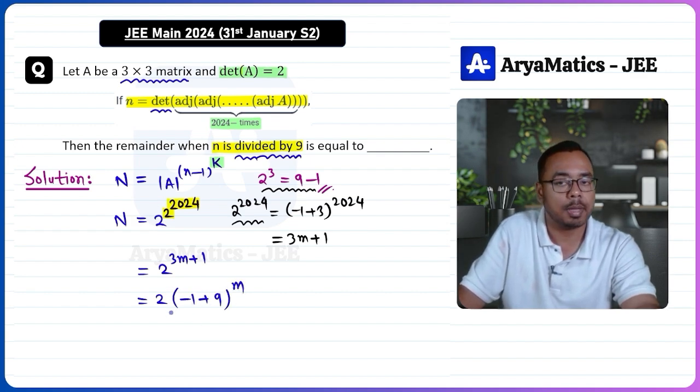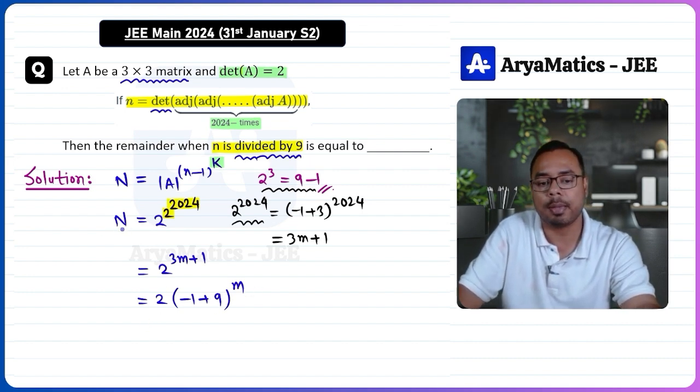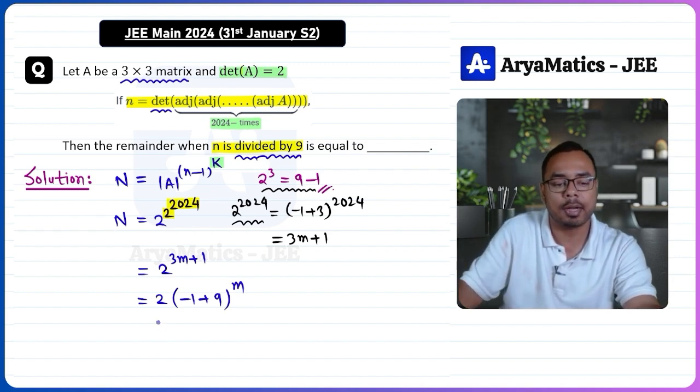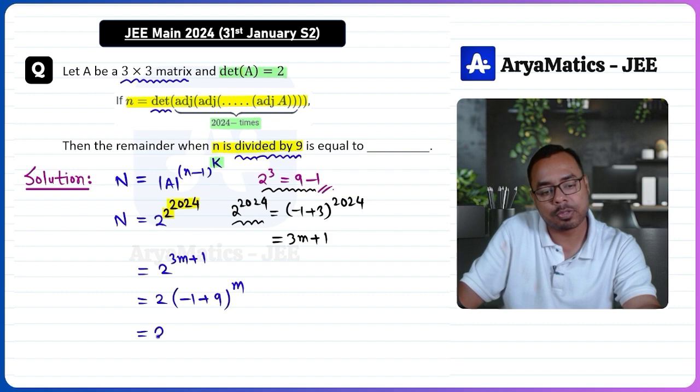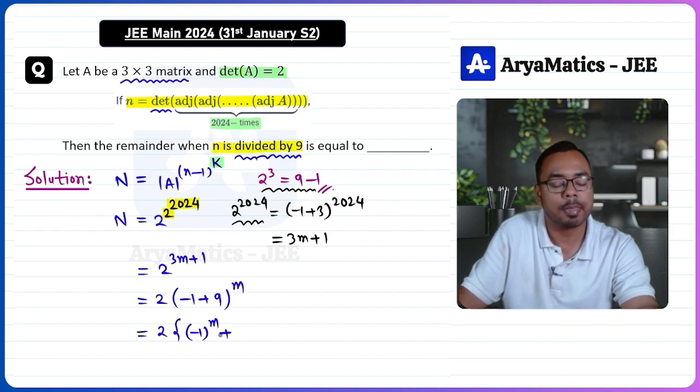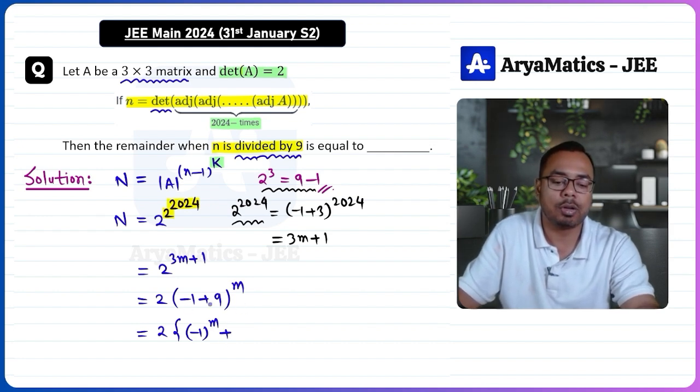So we have (minus 1 plus 9) raised to m. We are trying to write this number capital N as a multiple of 9 plus something so that we can get the remainder. Now this becomes 2 into, and if I use the binomial theorem here, then we'll get minus 1 raised to m plus, and after that all the other terms will contain at least one 9.